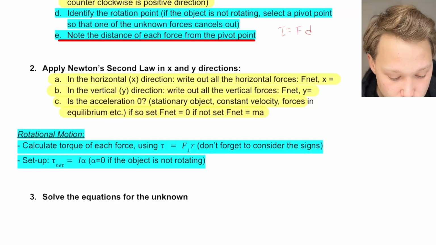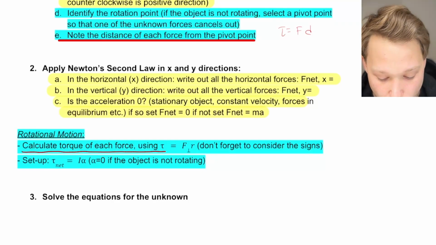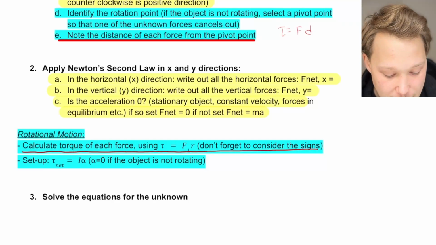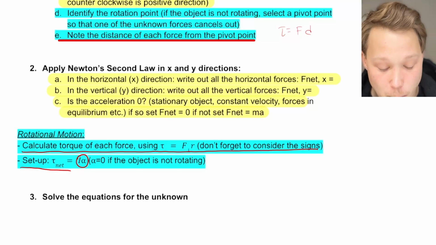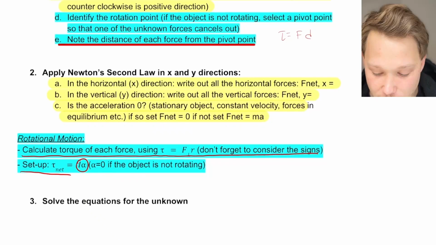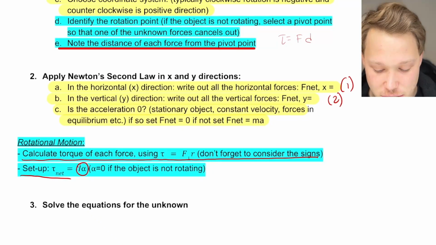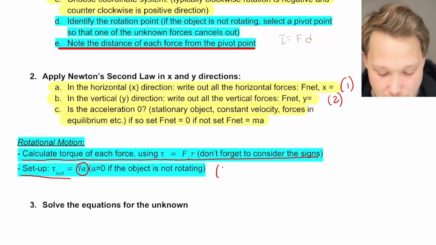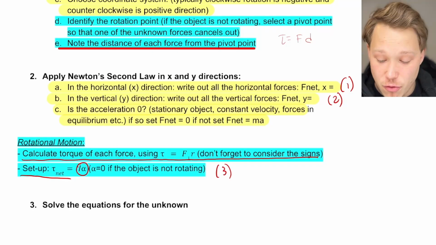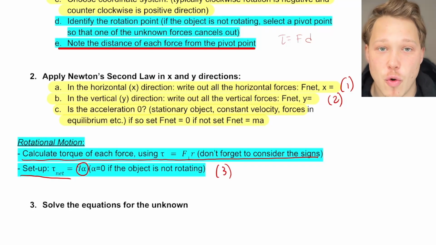Finally, you also need to sum up all your torques, and set the sum of torques equal to I times alpha, or moment of inertia times angular acceleration. Then you'll have three equations, the two Newton's second law equations in the x and the y direction, and the torque equation. And from those three equations, you can solve for whatever unknown the problem is asking.